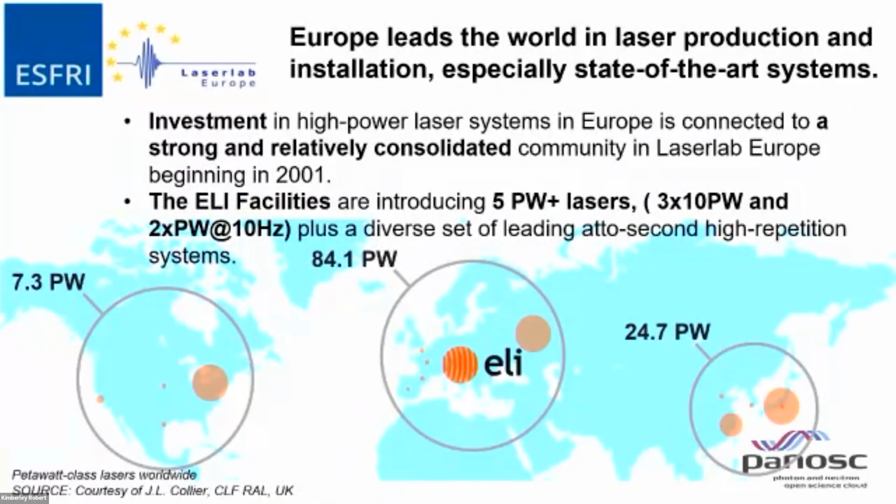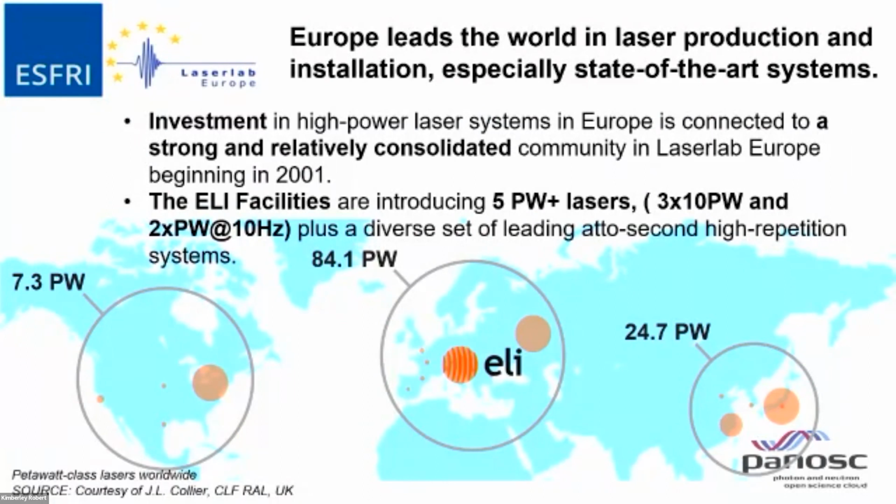How is it in terms of lasers, or what is the high-power lasers community? And here is a nice graphic showing how the European research facilities are leading this area. You have in Europe more than 84 petawatts in terms of power, a sum of all the high-power laser systems.